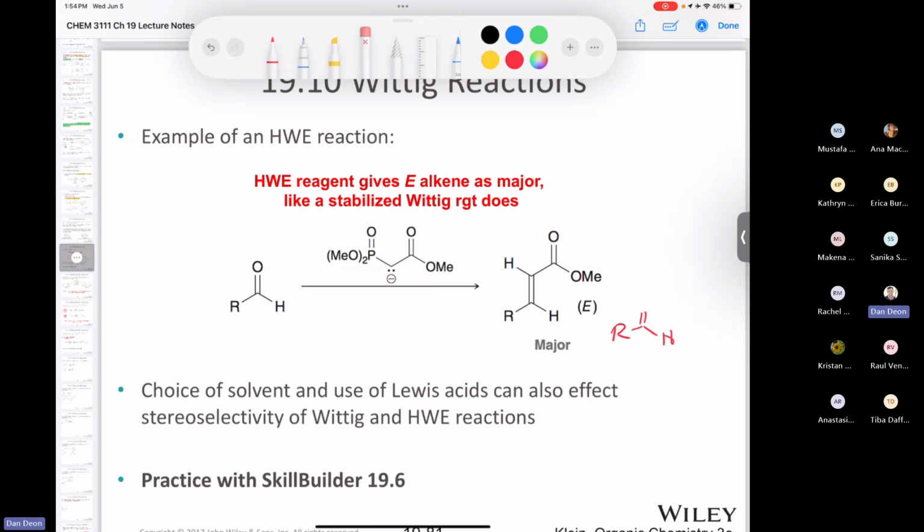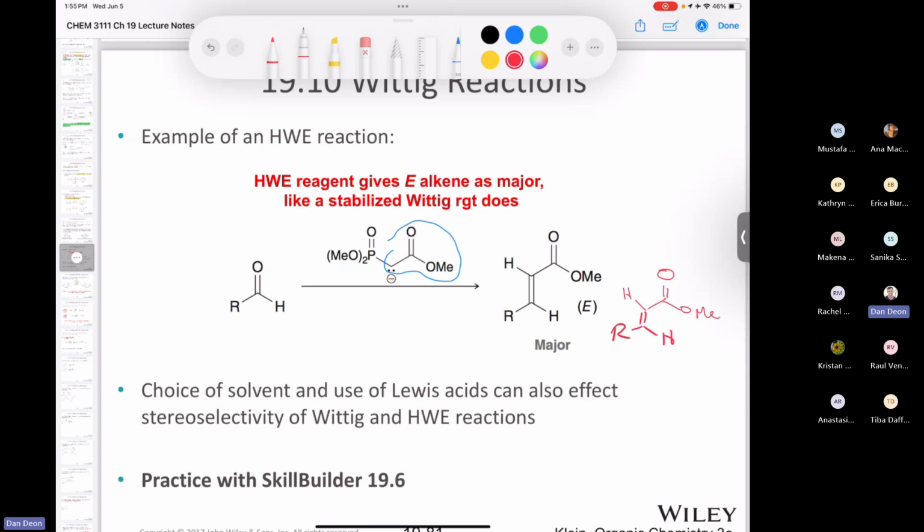Then you look at what's attached directly to the phosphorus, CH2, and all of this ester over here. So you're going to have CH2. In this case, it's just going to be a CH, but you get my drift. So you have CH2, and then we have two carbons, and then we have our ester like that. So there you go.